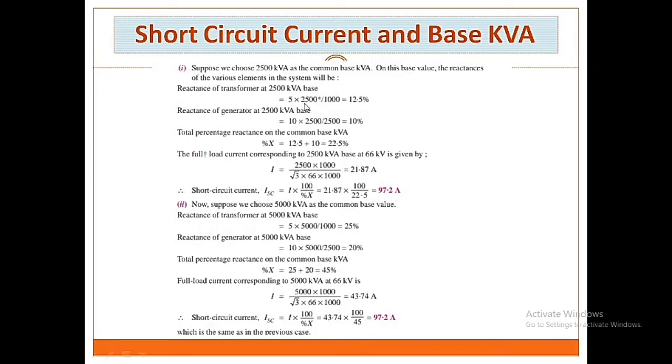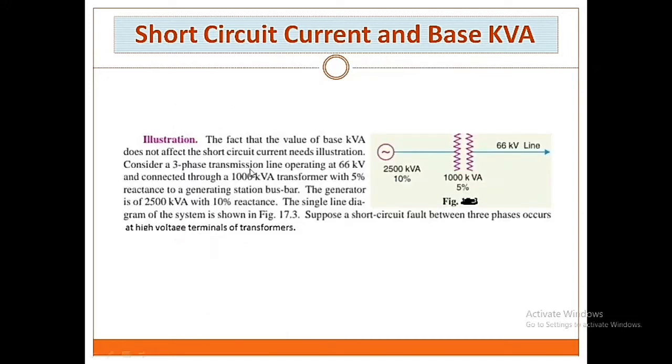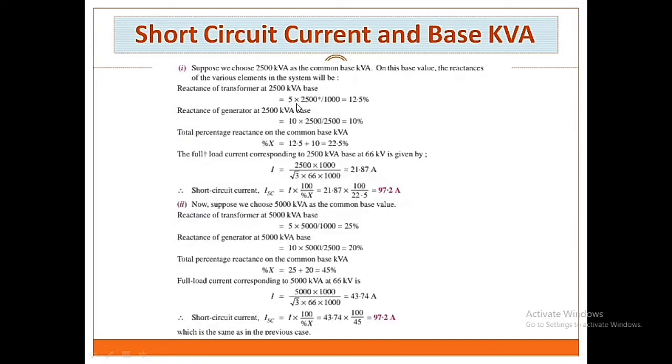Base kVA is 2500, the rated kVA of the transformer is 1000 kVA, and the rated percentage reactance is 5%. So 5 into 2500 by 1000 is equal to 12.5%.